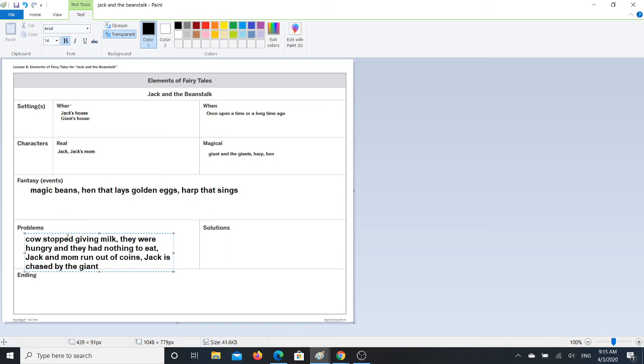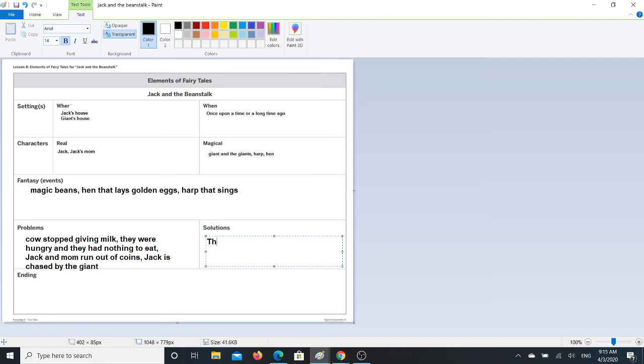So let's think of some of the solutions to the problems they're facing. The cow stopped giving milk, and they were hungry and had nothing to eat. So the solution to that was, remember, Jack traded the cow.